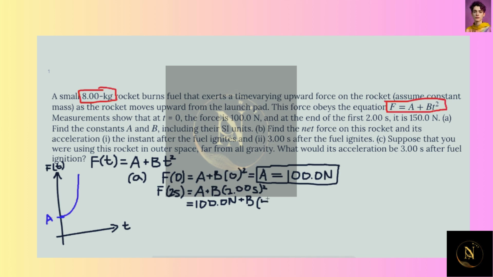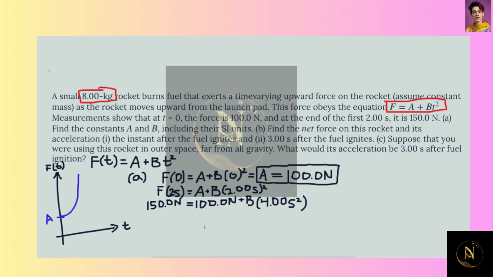If we evaluate the square that's occurring here, that gives us 4.00, and remember that the units also get squared in addition to the numerical value, so that has units of seconds squared. And again, the given piece of information is that the left-hand side is equal to 150.0 newtons.